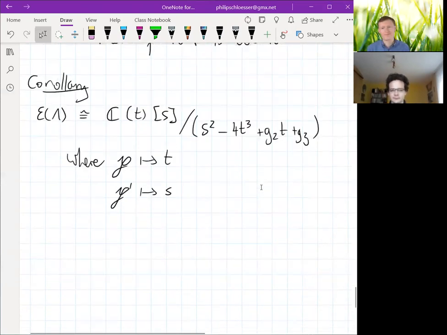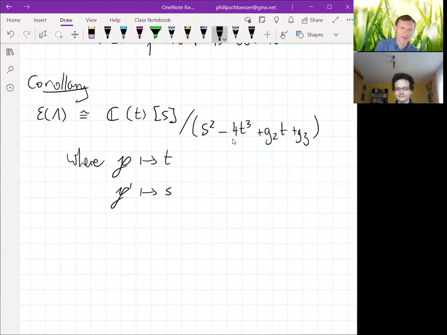Now, I don't know, we have a field extension of transcendence degree 1. Does that somehow ring a bell? Doesn't this whole thing remind us of something?